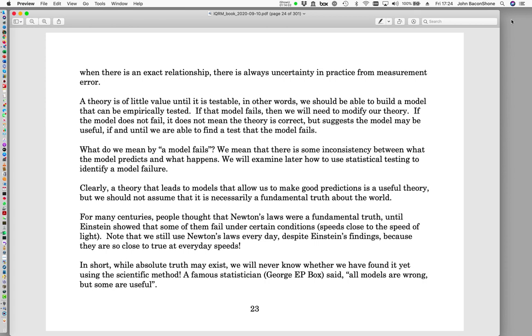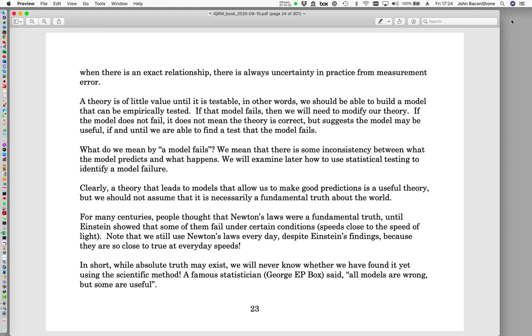Okay, so the key point here is a theory is of little value until it is testable. In other words, we should be able to build a model that can be empirically tested. If that model fails, then we will need to modify our theory, or at least the way that we convert that theory into a model. But what we need to recognize is, if the model does not fail, it does not mean that the theory is correct.